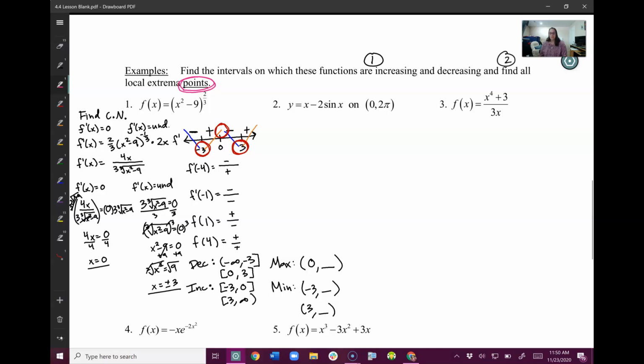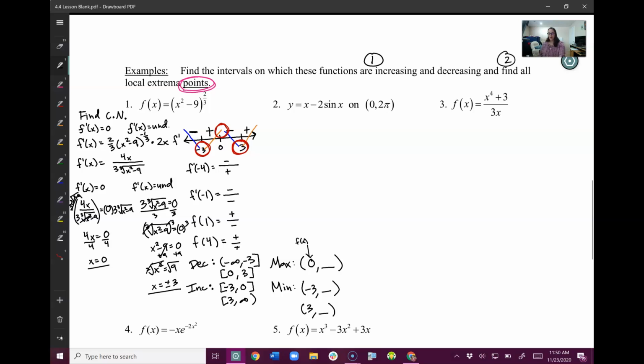But this one specifically says find the extrema points. So that means I have my x values. Now I need to find my y values by plugging these into the original. Not the derivative, the original. So I'm plugging these into the original to see what I get.